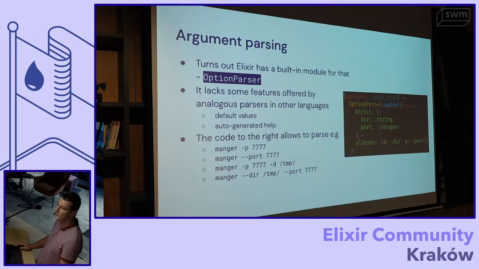So if you type the name of the tool and then --help, you will get the list of the available arguments, and that is totally missing in this tool. I also don't quite like the API here. You separately provide a list of the options.